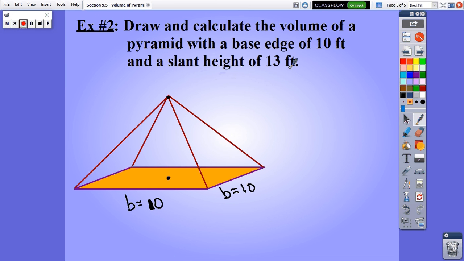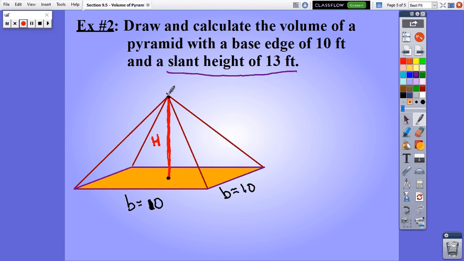Now, the 13 that I gave is not the actual height, and we need the actual height. So I'm going to go ahead and draw in the actual height, and I'm going to label it with a capital H, but I don't know what that number is. I need to label and draw in the slant height.